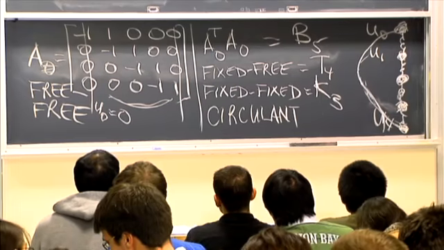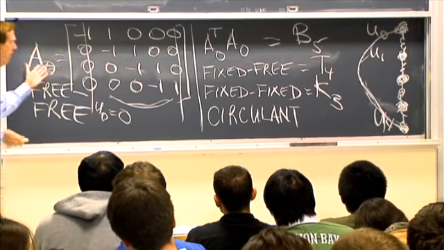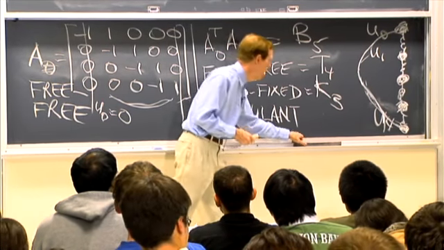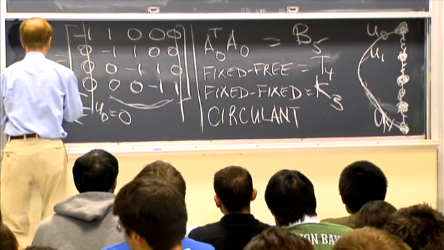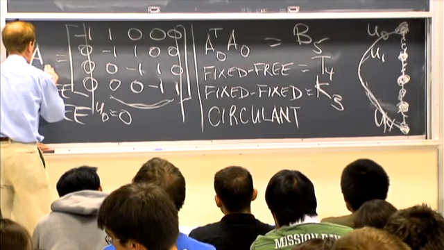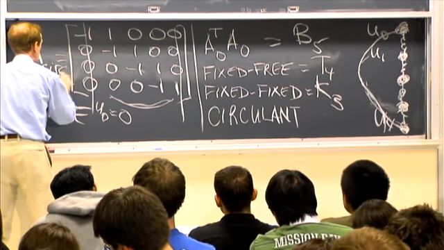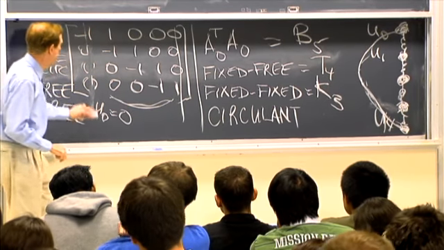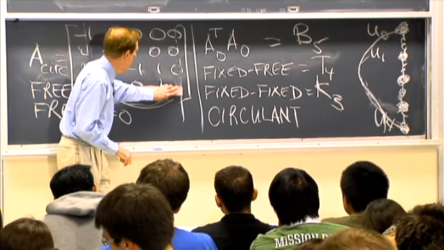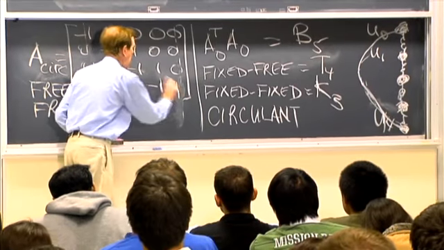It's a simple graph. What's the A circulant now? This would be the A for the circulant case. So it's got that back in. That shouldn't be erased. And what else has it got?